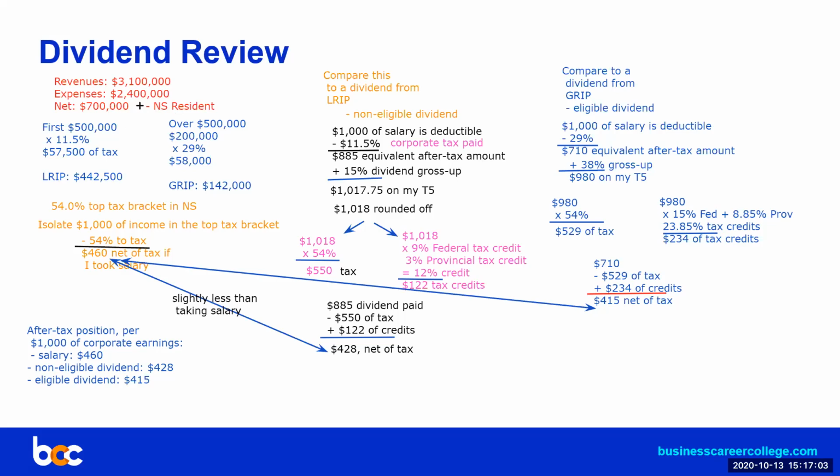No, say that again. So on the first scenario, you take $1,000 salary from the company. Okay, no, but just back up even a step further than that. If I took $1,000 of salary, that reduces this to $699,000. It's all deductible, right? Right.